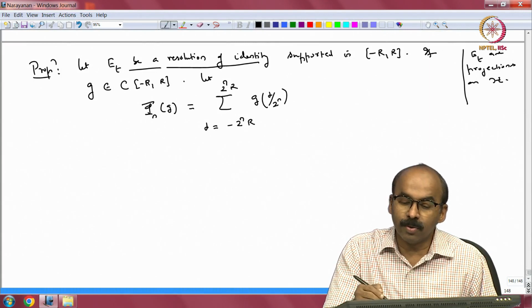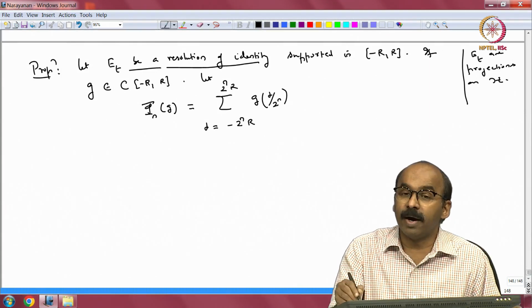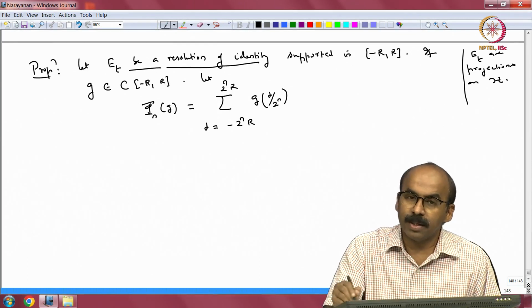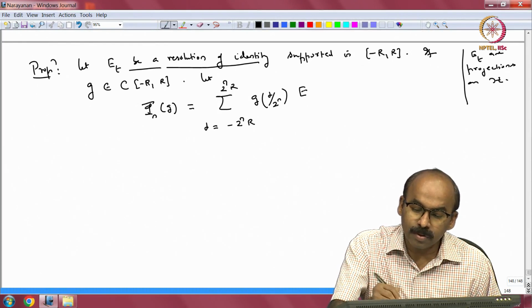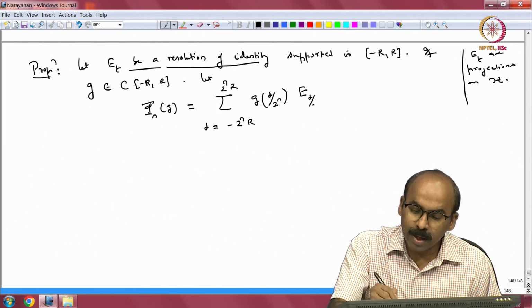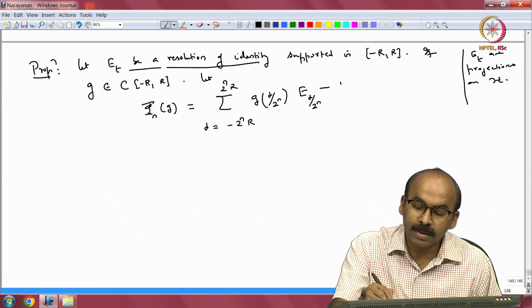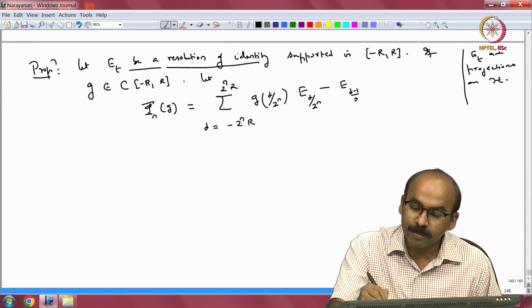So, if I divide by 2 to the n, j by 2 to the n will go from minus r to r, and that is where g is defined, right. So, g of j by 2 to the n is well defined, and E is your resolution of identity, E of j by 2 to the n minus E of j minus 1 by 2 to the n. Okay.